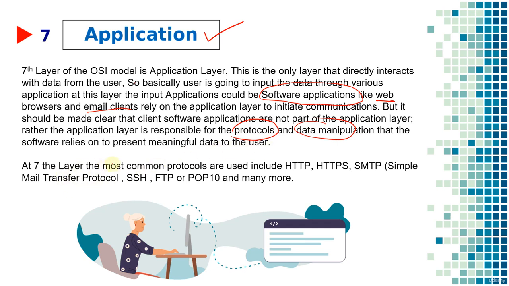At the seventh layer, the most common protocols are HTTP, HTTPS, SMTP, SSH, FTP, POP3, and many others. These kinds of protocols are used on the application layer, your seventh layer.